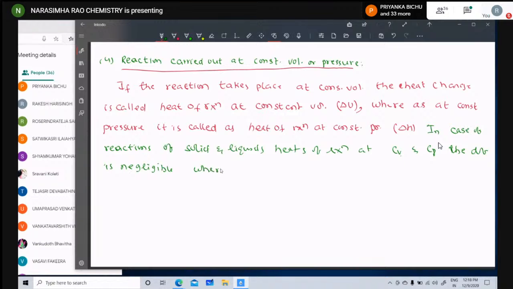Whereas in gaseous components, it is considerable.